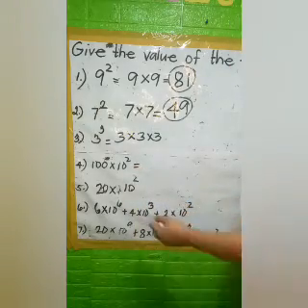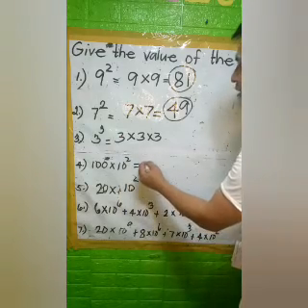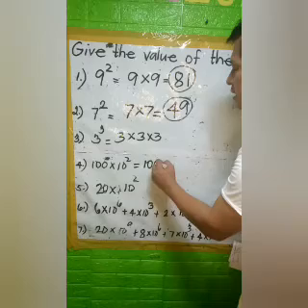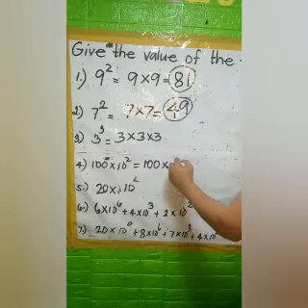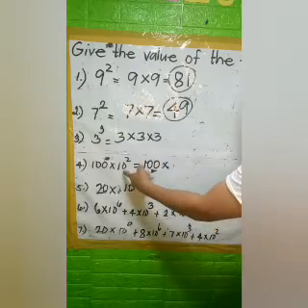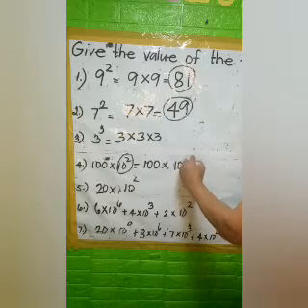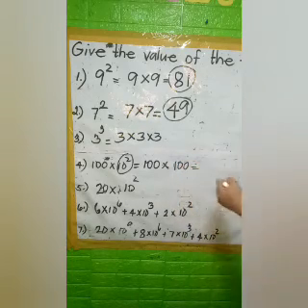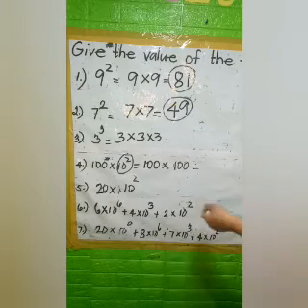So, we have here 100 times 10 squared. So, we are going to expand it. 100 times, what is 10 squared? So that is 100. So you are going to multiply it. You just have to count the multiplication of zeros.